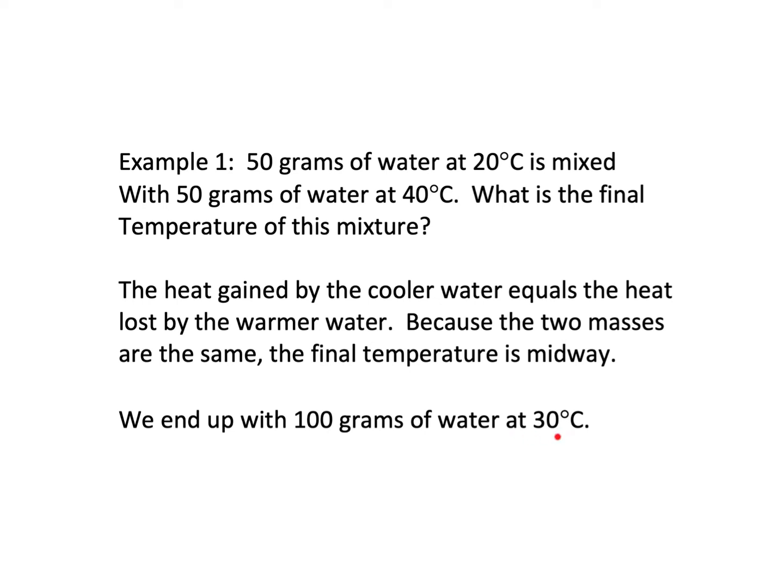And that is the temperature right in the middle. Now, if the temperature of the room is not 30 degrees, eventually that water will warm up or cool down to the temperature of the room. But it's the same process repeated, but in this case we're looking at just what happens immediately after we mix the two temperatures. When they come to equilibrium, it's going to be 30 degrees Celsius.